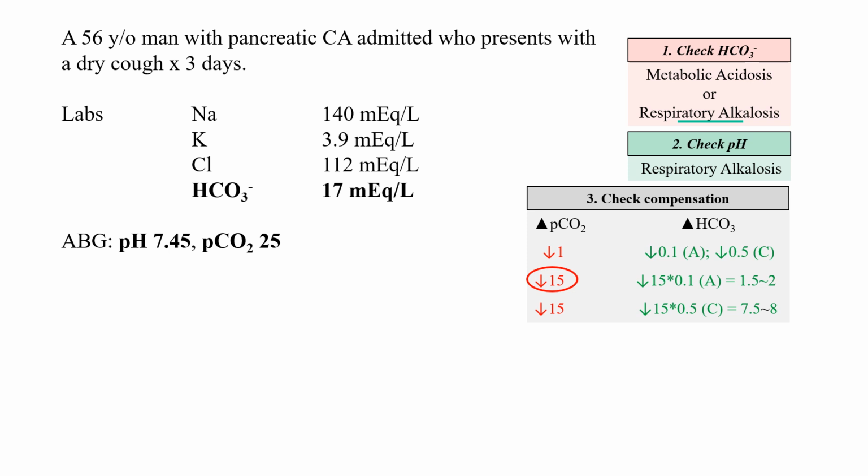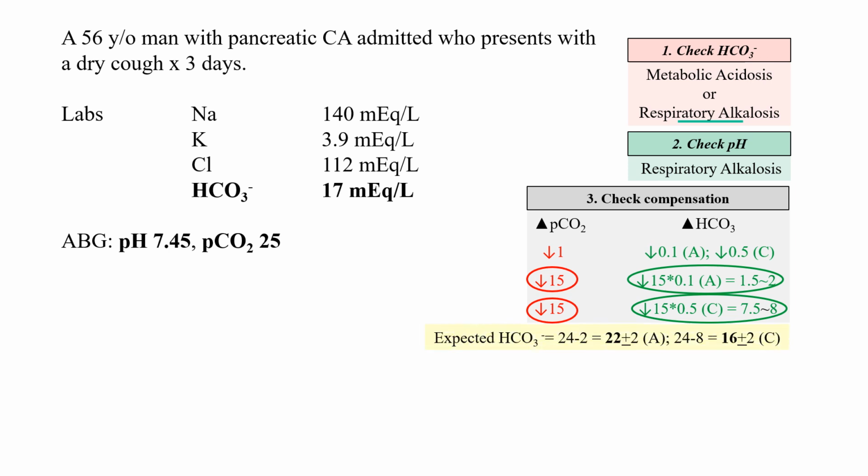For acute respiratory alkalosis, bicarbonate should decrease by 15 times 0.1 or 1.5 or approximately 2. For chronic respiratory alkalosis, bicarbonate should decrease by 15 times 0.5 or 7.5 or approximately 8. The expected bicarbonate should therefore be in the range of 16 to 22 plus or minus 2.